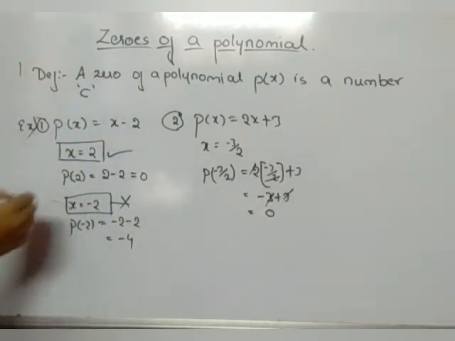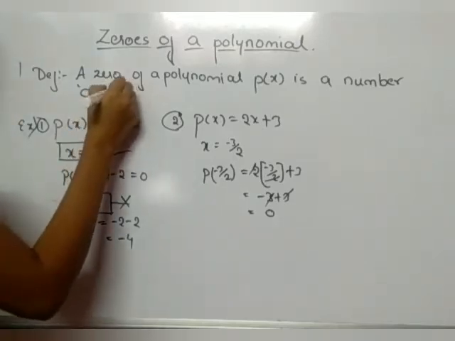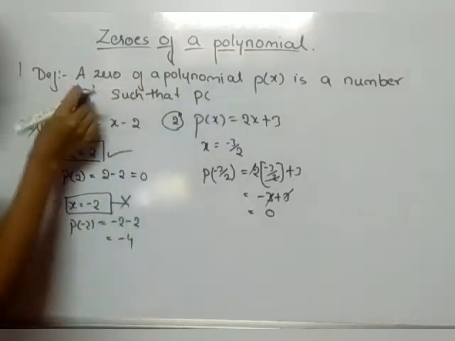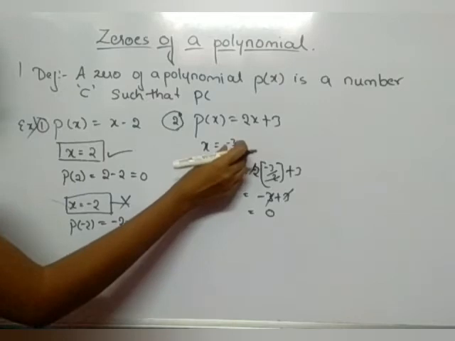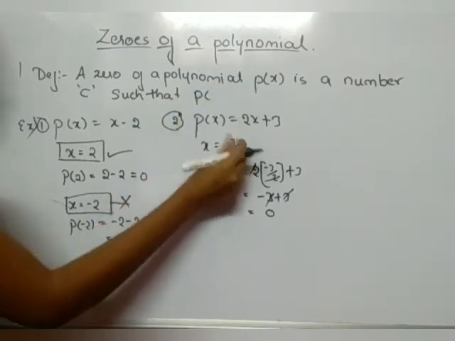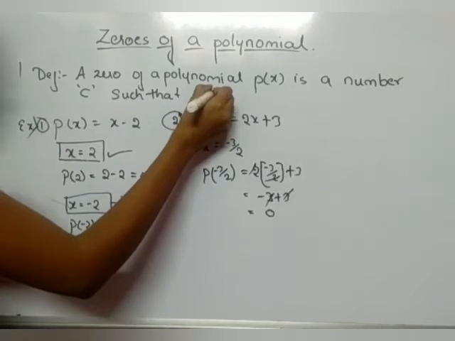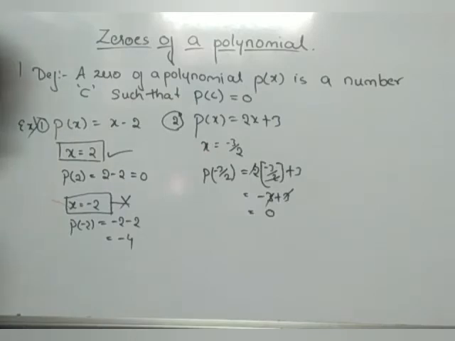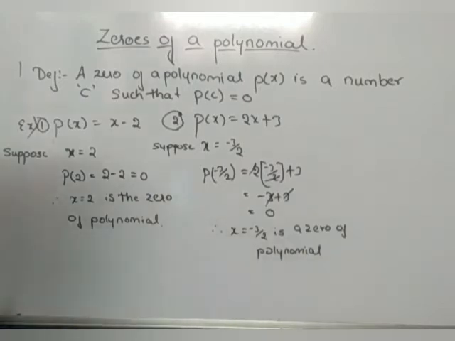It is one number, right? That number such that p of c, when I substitute this number, this value, which I have taken as c here, in the polynomial, we should get equal to 0, right? Then c is called a 0 of the polynomial. This is the general definition to say 0 of a polynomial. These are the two examples. You should write it in your notes. This is the definition to define the zeros of a polynomial.